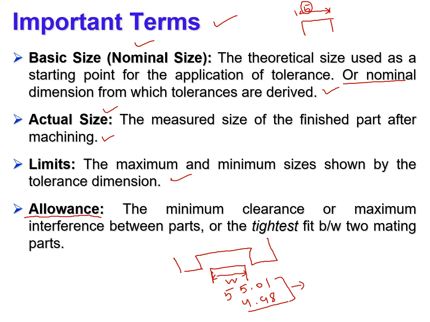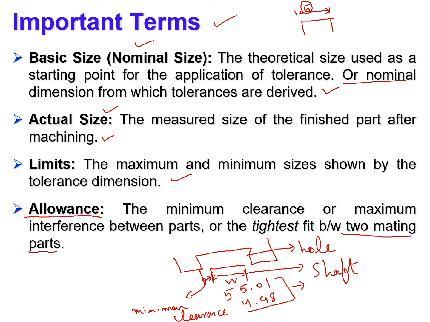Then the minimum clearance or the maximum interference, for example between a shaft and a hole, the tightest fit between two mating parts, is called the allowance. So allowance is between two mating parts.